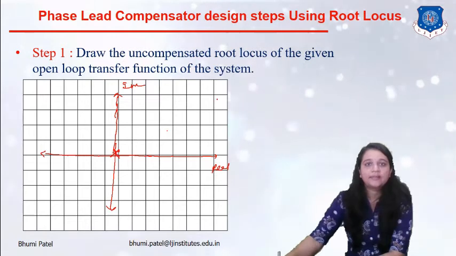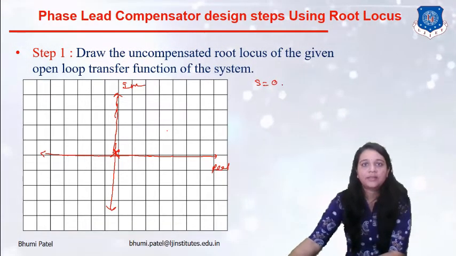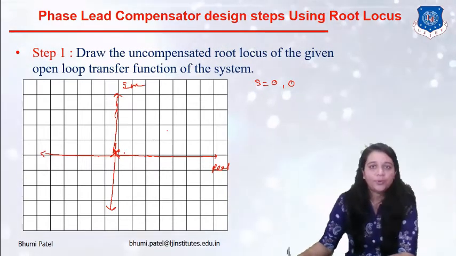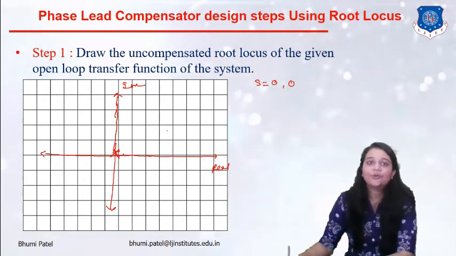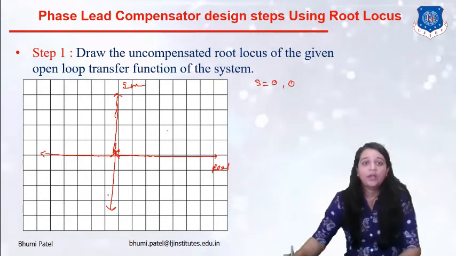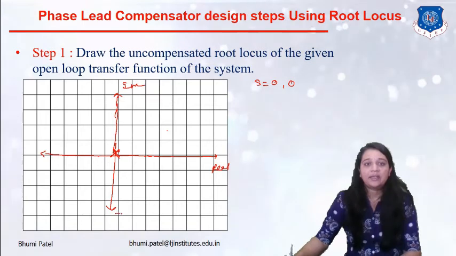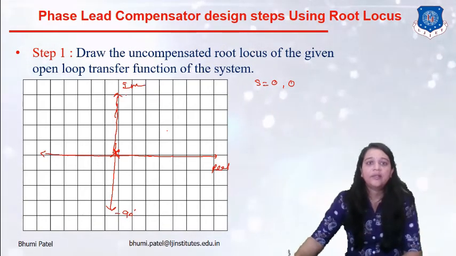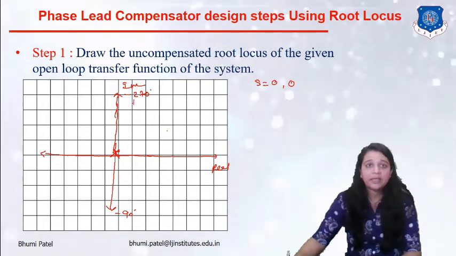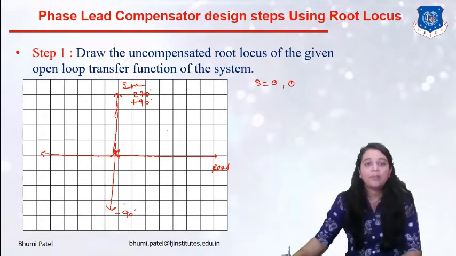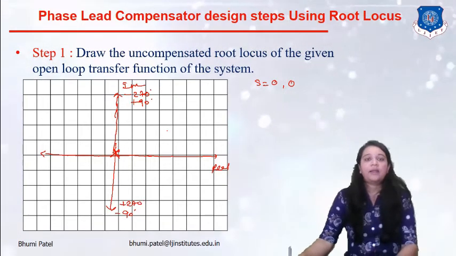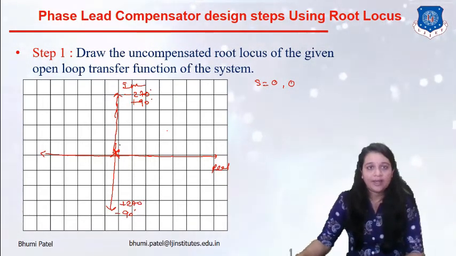One pole at s = 0 and the second pole is also at s = 0, so we draw the poles at 0 and 0. There is no zero in this transfer function. The centroid value is also 0. The angle is plus or minus 90 degrees, so this is my 90 degree, this is my 270 degree, this is my plus 90 degree and this is my plus 270 degree. So this is my angle, and next is the breakaway point, whose value is 0.